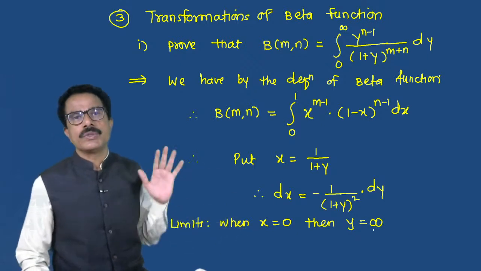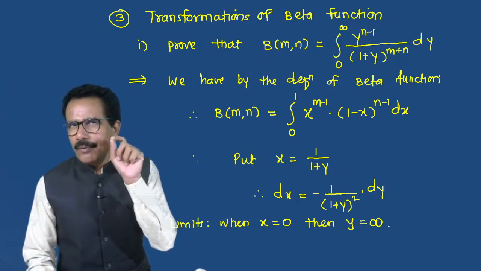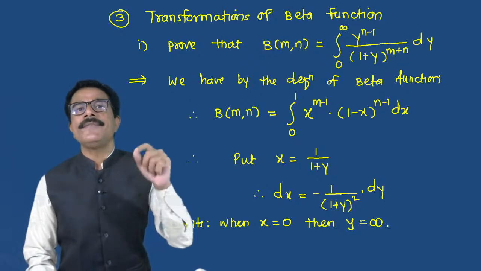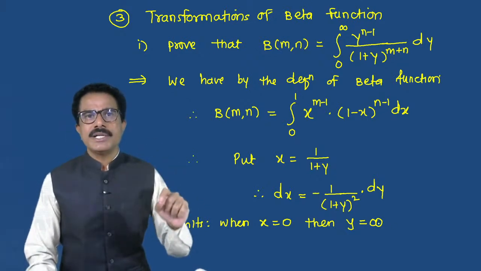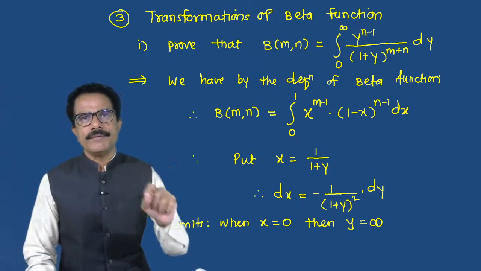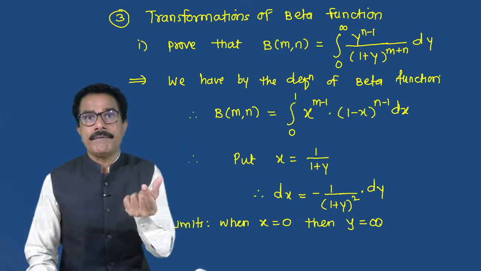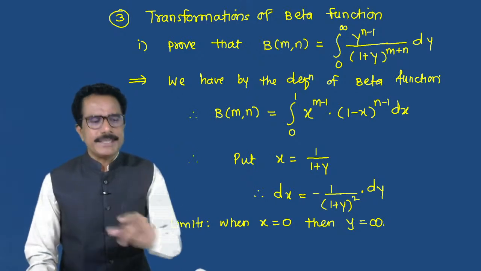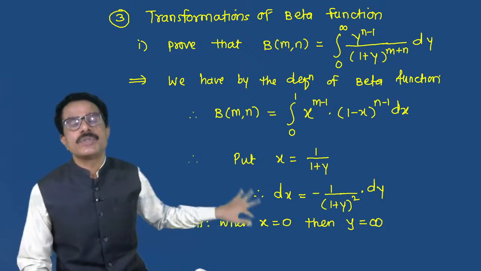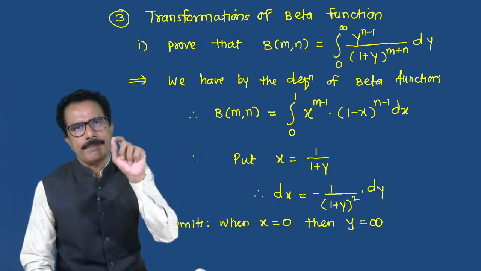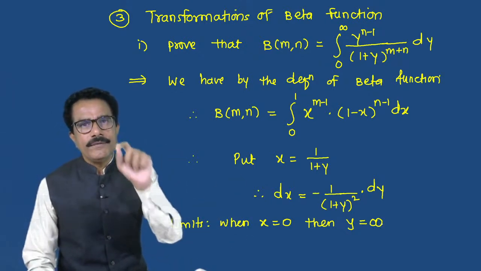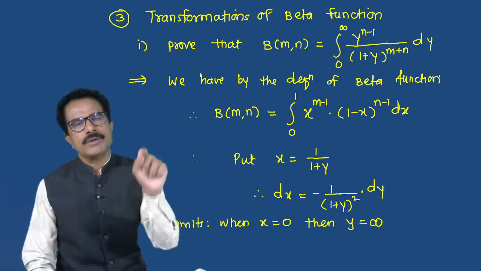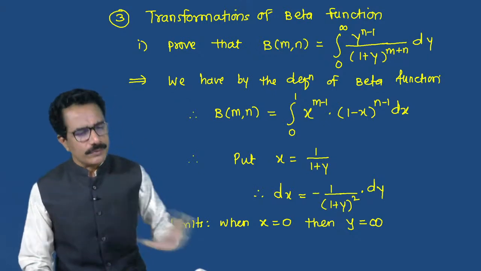In scientific language it is not correct to write y is equal to infinity, because infinity is not a definite value. But the meaning of this is y tends to infinity. Wherever infinity appears like this, it means that it tends to infinity.